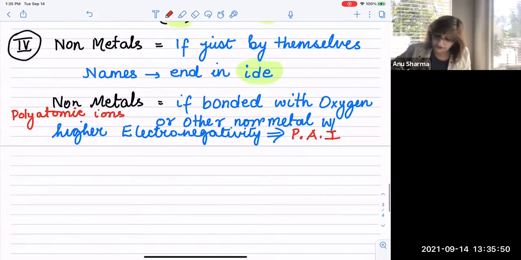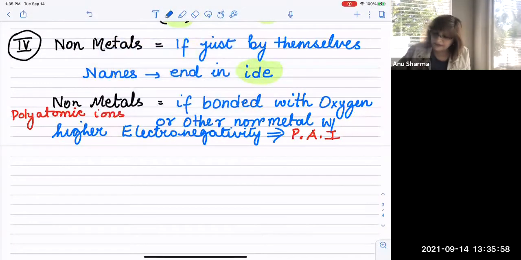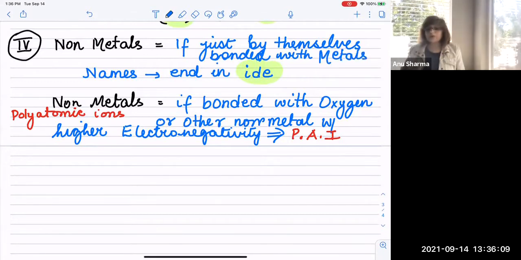Okay, and if non-metals are just by themselves, bonded with metals, then their names end in -ide.